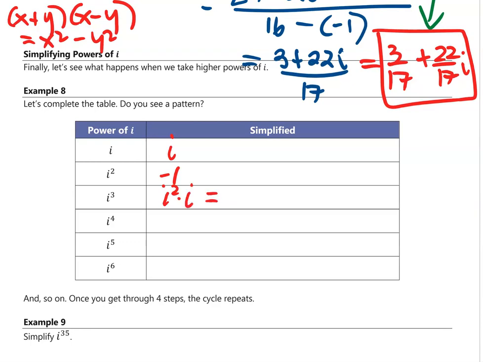So i squared is negative 1 times i. So that's why this is equal to negative i. So i cubed is equal to negative i. Next is i to the 4th, which is i squared times i squared. We know that i squared is negative 1, so negative 1 times negative 1 is equal to positive 1.